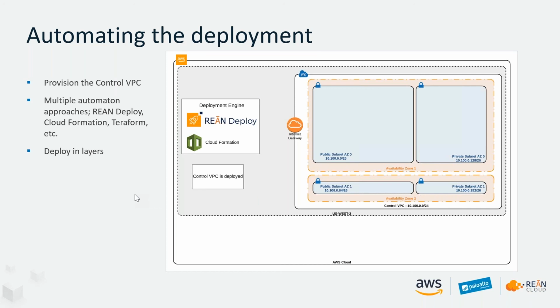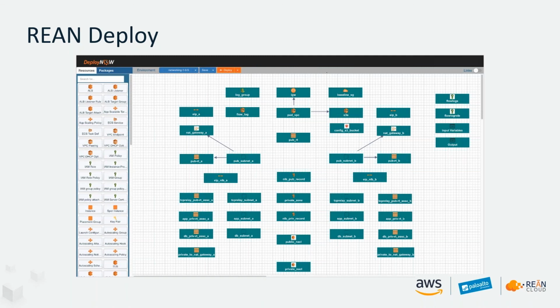So we've got the foundation VPC that supports the shared elements in the control layer. Actually, this is a snapshot of the GUI from the REAN Deploy tool that we use. And again, drag and drop capabilities. This allows us to push out the individual resources that we're going to take advantage of, and then go ahead and configure all those elements.